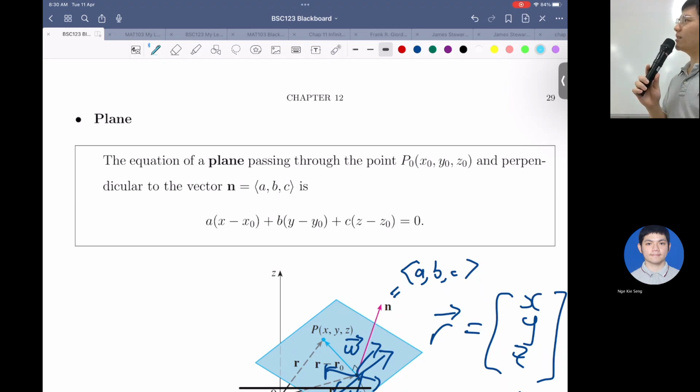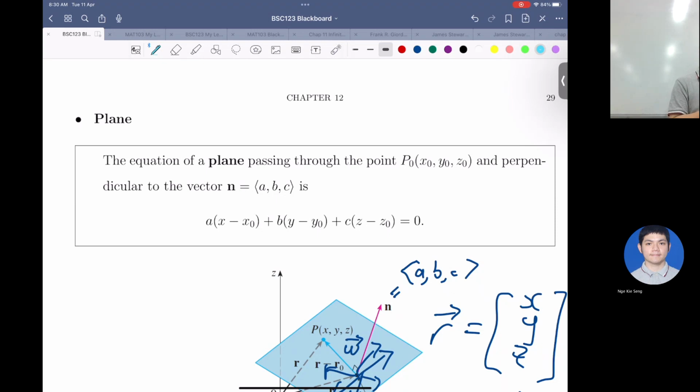So many symbols here, I think at least 10. So how does this make sense? How does this tell me there's a plane here? How did we derive this equation last time? First of all, what information do we need to build a plane?